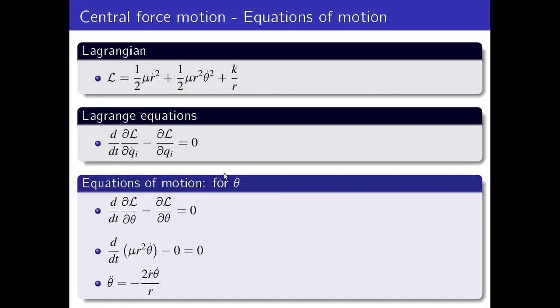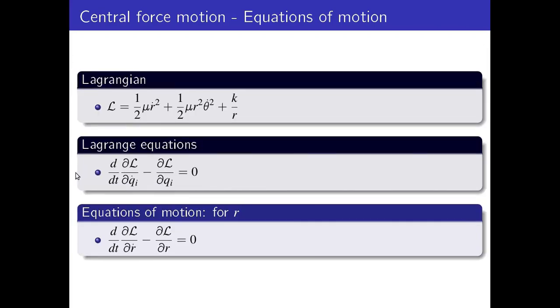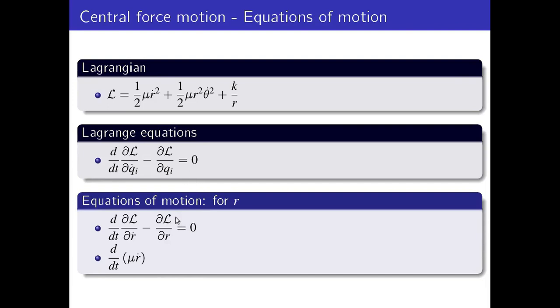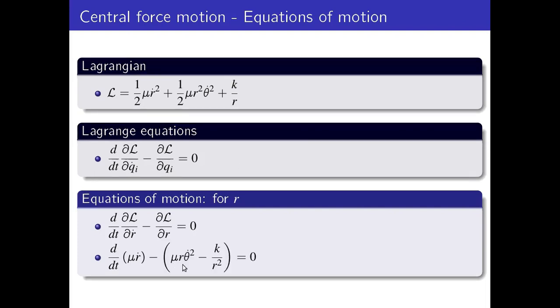Let us do the same for r. The Lagrange equation for r can be written in this form, and for this one we need to take the derivative of this term and we obtain mu r dot. For this one we need to consider these two terms: the derivative of this term gives mu r theta dot square, and the derivative of this one gives minus k over r square.